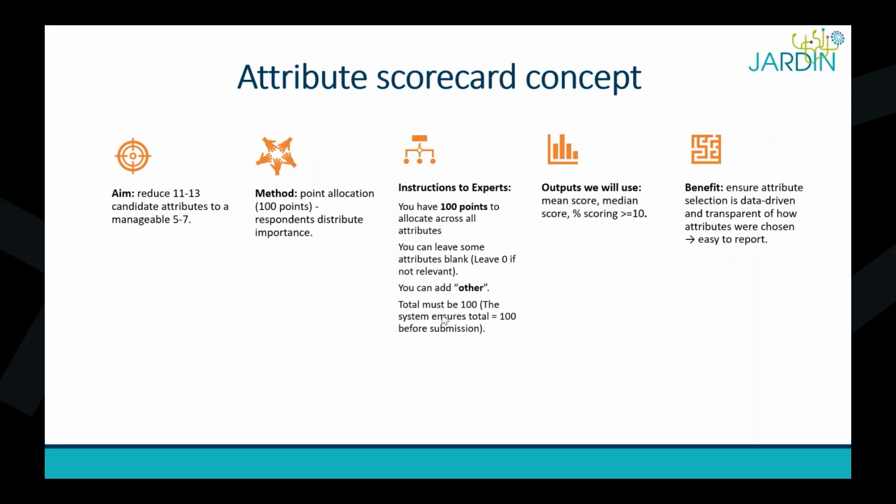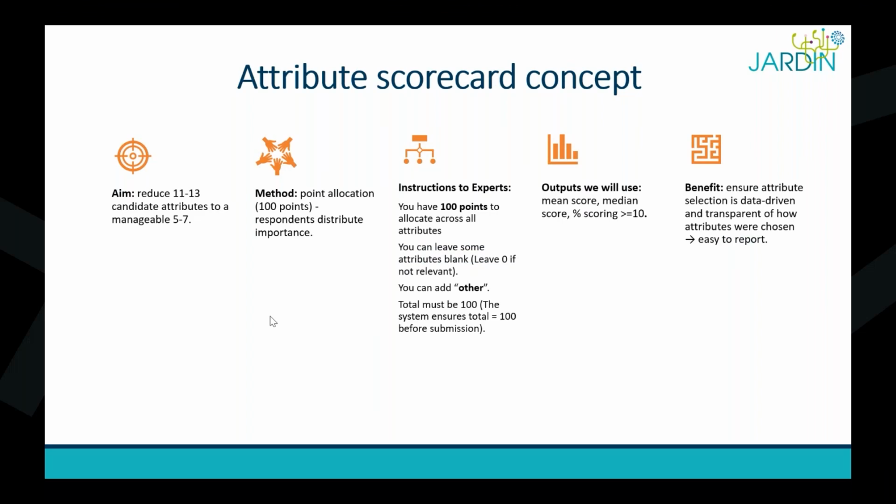It says you have 100 points to allocate across all the attributes. And if you think a certain attribute is not relevant, then you can keep it blank, or you can put 0 if it is not relevant. And there is another row which says other. In the other, if you think there is a missed attribute, then you have an opportunity to add it there and to allocate a point out of 100.